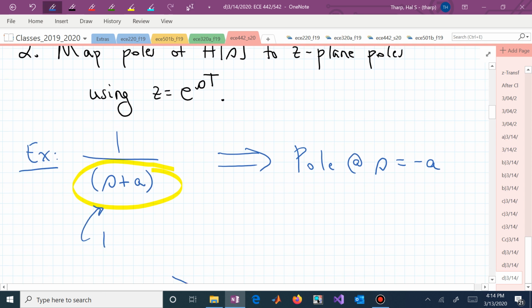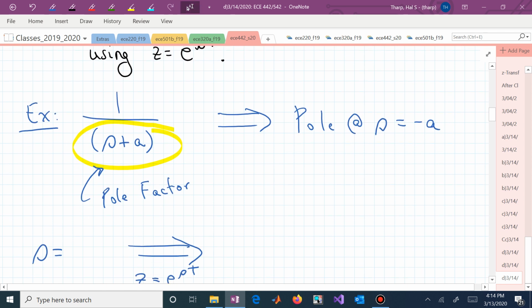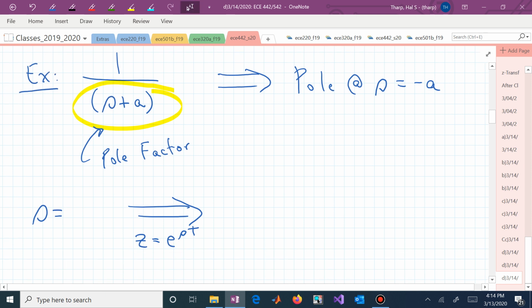So here is our pole factor in the analog transfer function. That gives rise to this pole at s equal to minus a. So if s is equal to minus a, and we map that into a z value using z is equal to e to the sT, then we have z is equal to e to the minus aT.